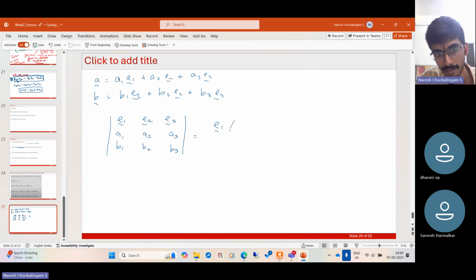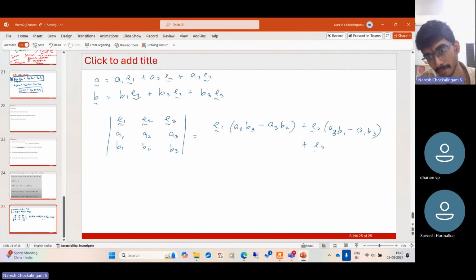So it is e1 times (a2 b3 minus a3 b2) plus e2 times (a3 b1 minus a1 b3) plus e3 times (a1 b2 minus a2 b1). Expand it, so you get e1 a2 b3. This is one permutation.